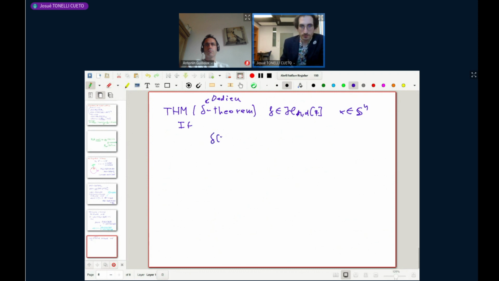If delta f,x, which is equal to the nu I defined before, with the infinity norm in it, is less or equal than this monstrous number here, then, okay, this converges.